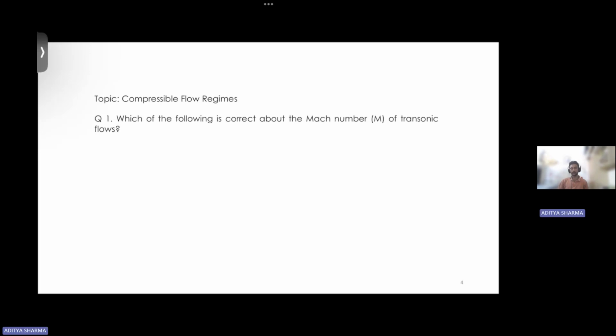It's a very basic question as far as compressible flows are concerned. Question number one says: which of the following is correct about the Mach number of transonic flows?